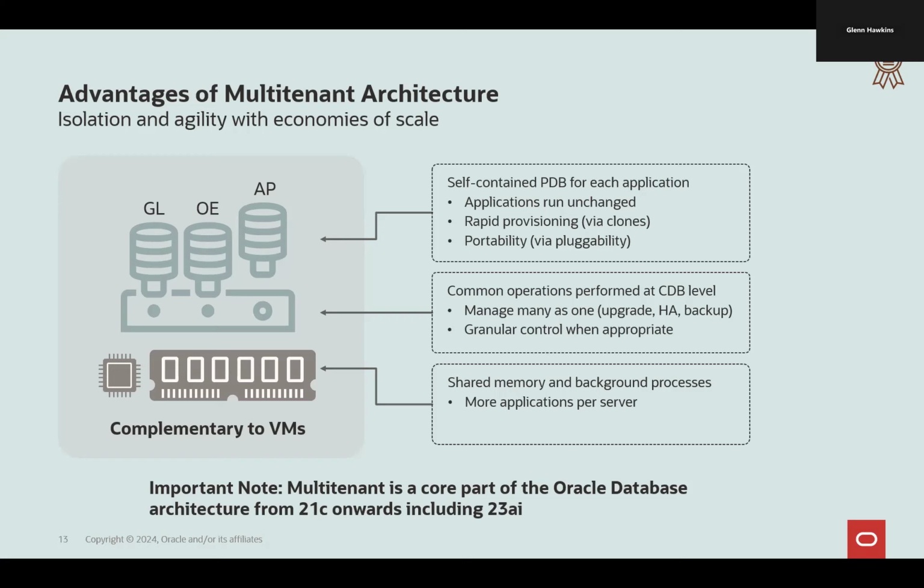We have the portability. You can unplug a pluggable database, a PDB, from one container and put it into another one that's upgraded. Use that as part of your upgrade process or migration strategy. You can manage many as one. You can set up Data Guard on one container database that will protect all the pluggable databases inside of it.